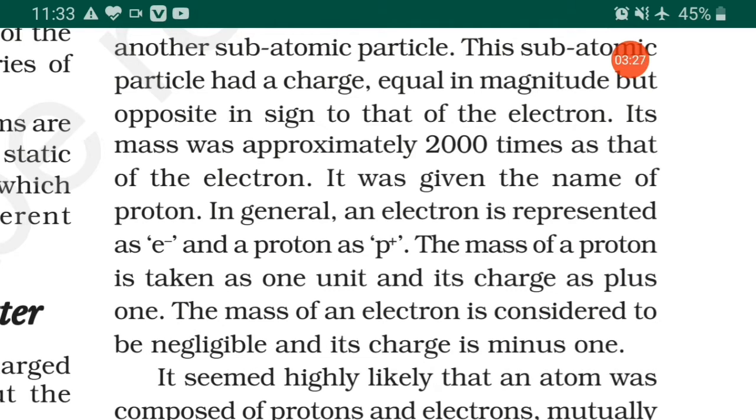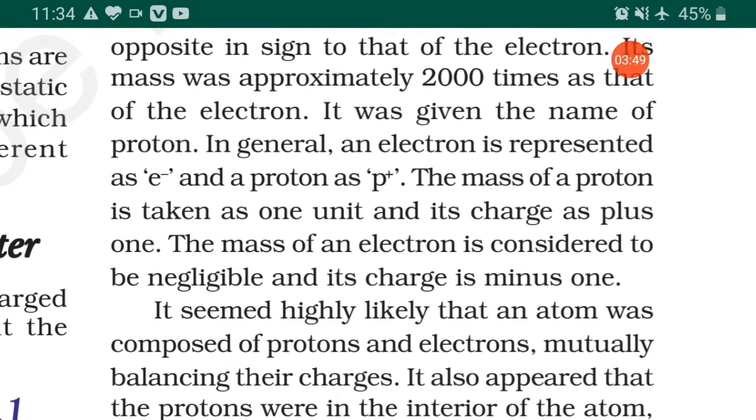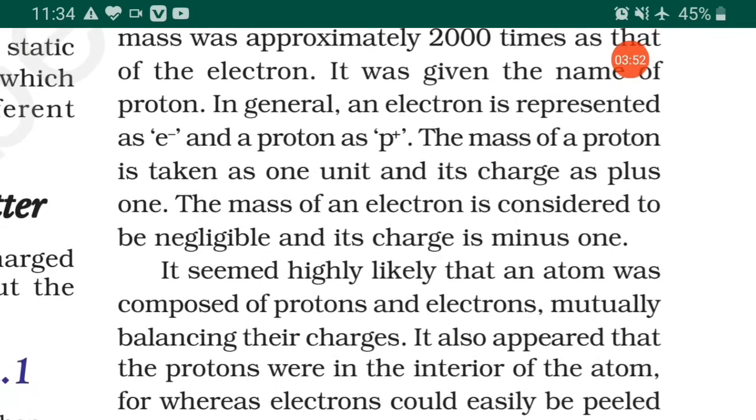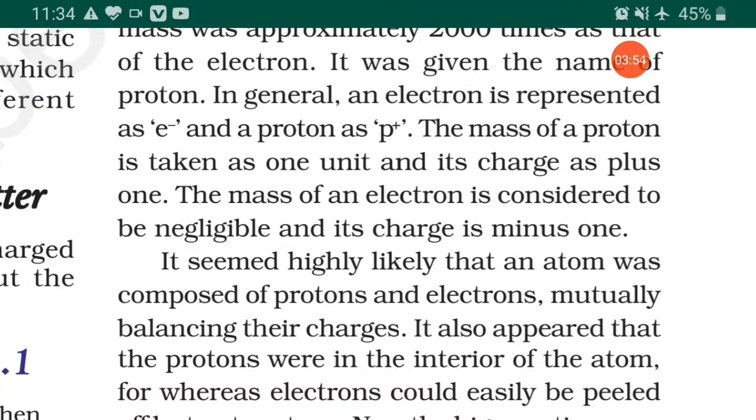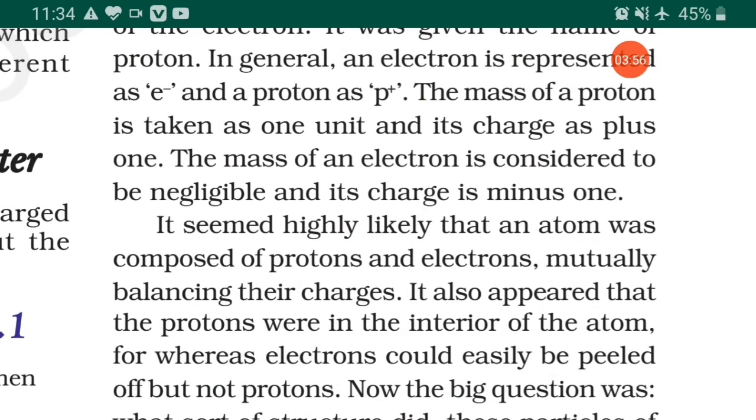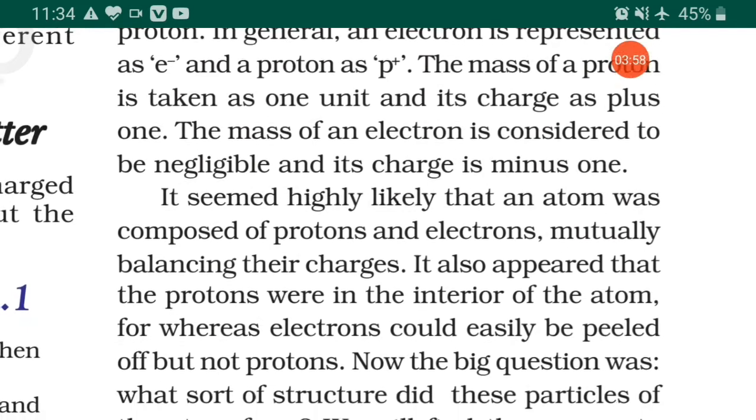Electrons are negatively charged particles and protons are positively charged particles. Electrons are lighter than protons, and protons are heavier than electrons. The mass of the proton is taken as 1 unit and its charge as +1, and the mass of the electron is considered negligible and its charge is -1.